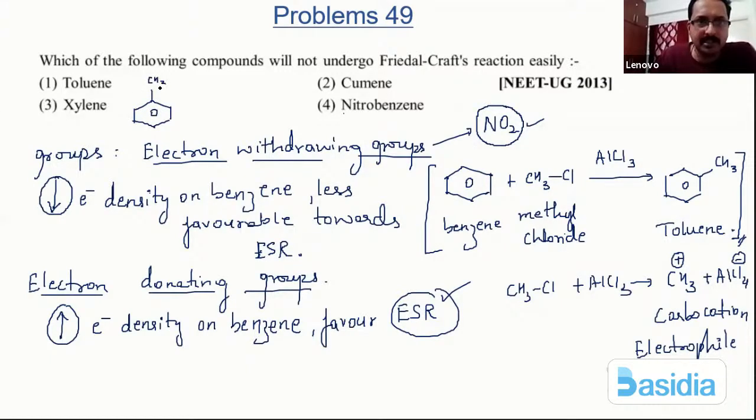So here you have a CH3, and let me say I have also written a CH3. So it is nothing but the orthoxylene. So two CH3 groups is xylene. Cumin is what? I'm going to write it here. We have a benzene group. On this, we have a CH attached with how many CH3 groups? Two CH3 groups. So this is our cumin.